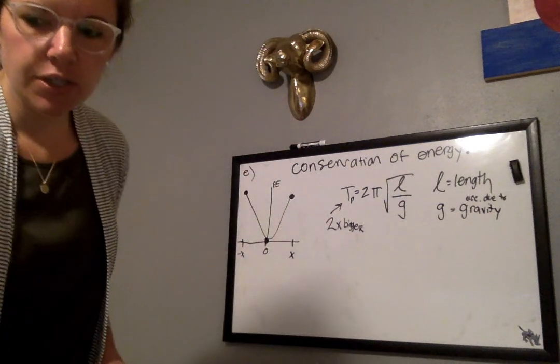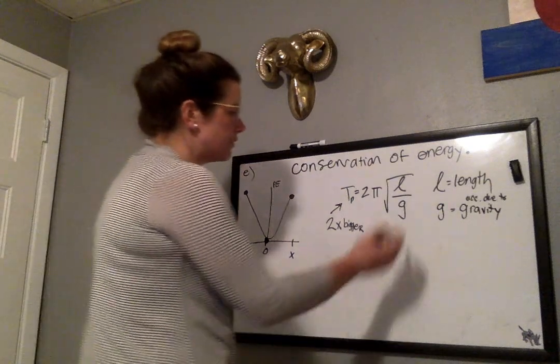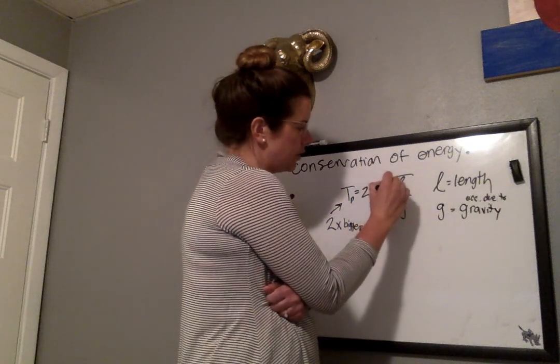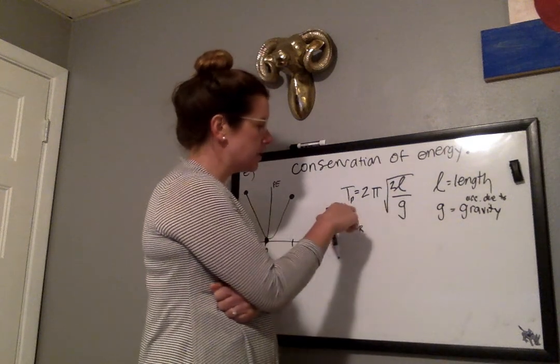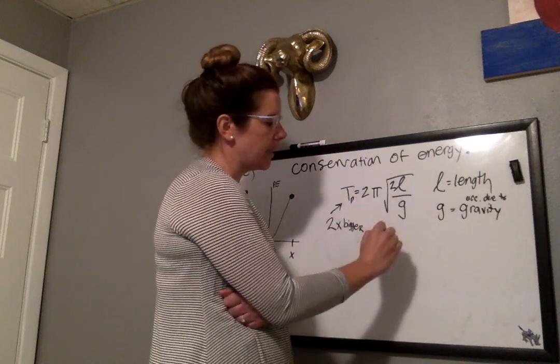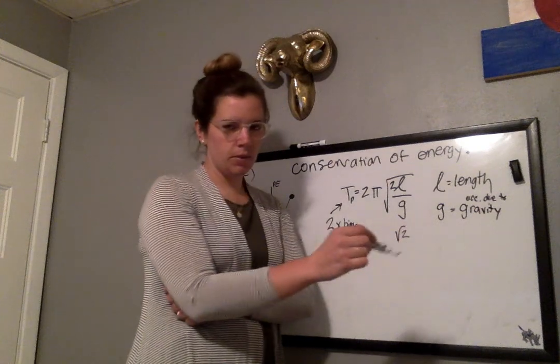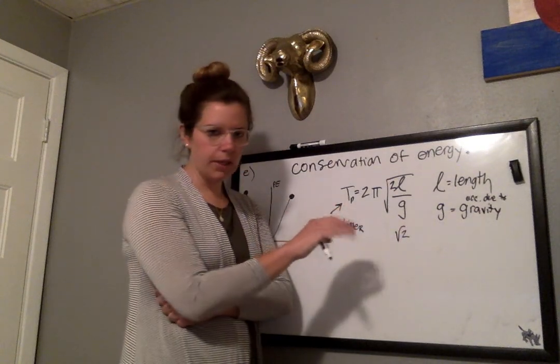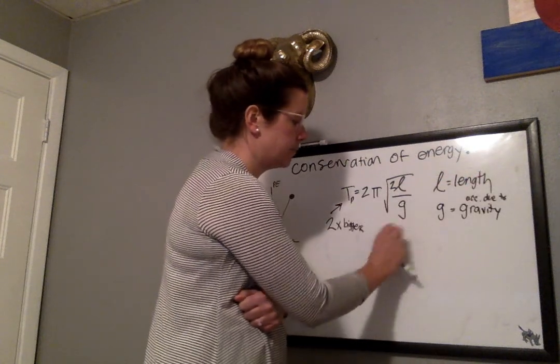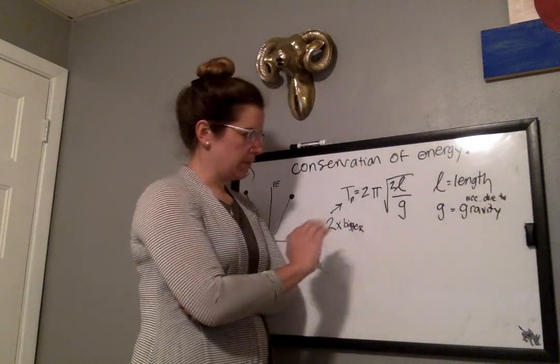So maybe you're thinking, I'm just going to double that. If I put 2L in here, I double the length of my pendulum, that is only going to increase this side by the square root of 2. Do we want to increase this by the square root of 2 times bigger or plain 2 bigger? You want this 2 times bigger, is your answer.